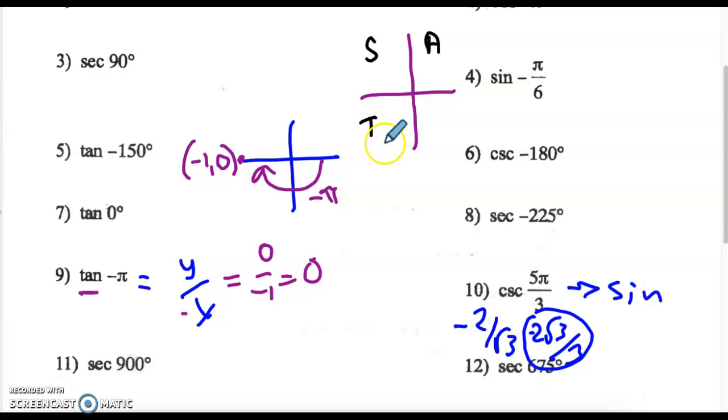So only tangent is positive in this quadrant. And in this fourth quadrant, just cosine and its reciprocal function secant are positive. So math teachers usually say to remember that with "all students take calculus," so you remember which trig functions are positive in which quadrant. But it's kind of silly because all students don't have to take calculus. It's just a quick acronym.